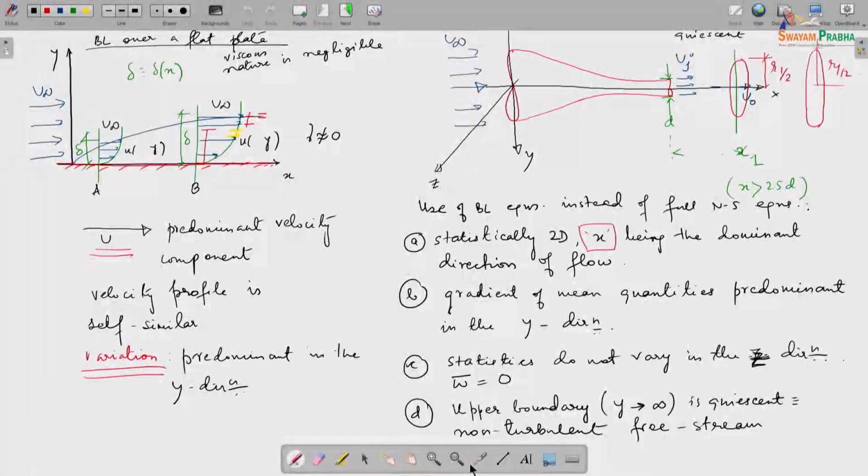So think about it. Like I said, if you're coming at the edge of here, that's all it is spreading. It's not spreading further. So you have a mean quantity of velocity.